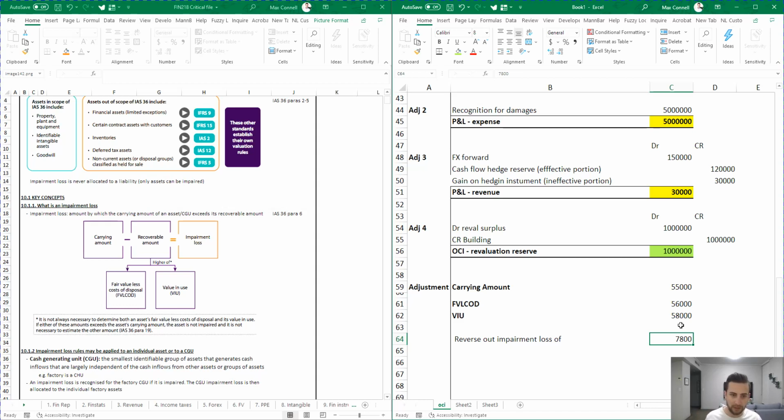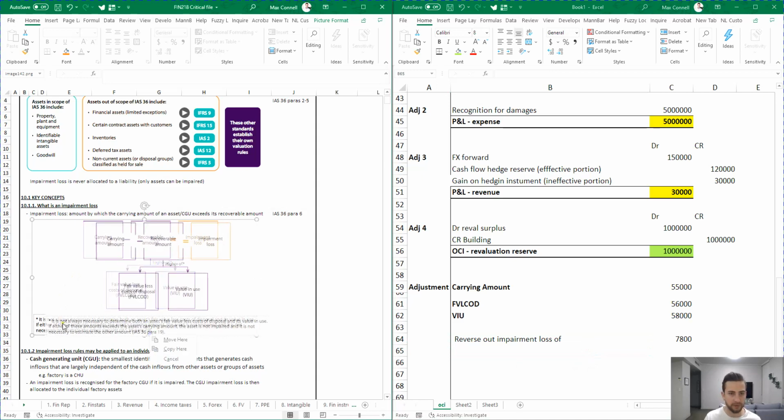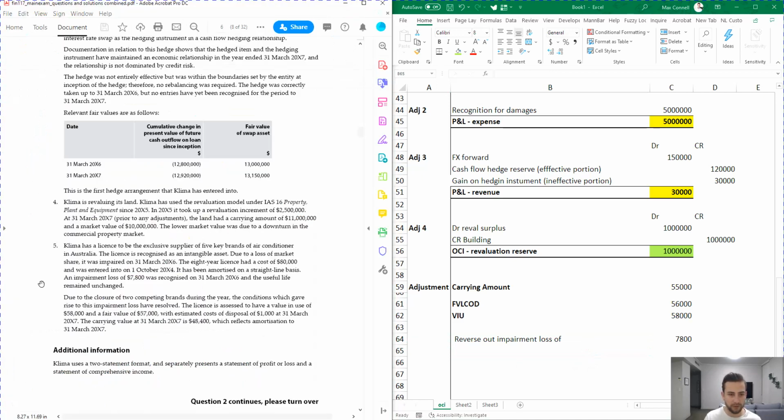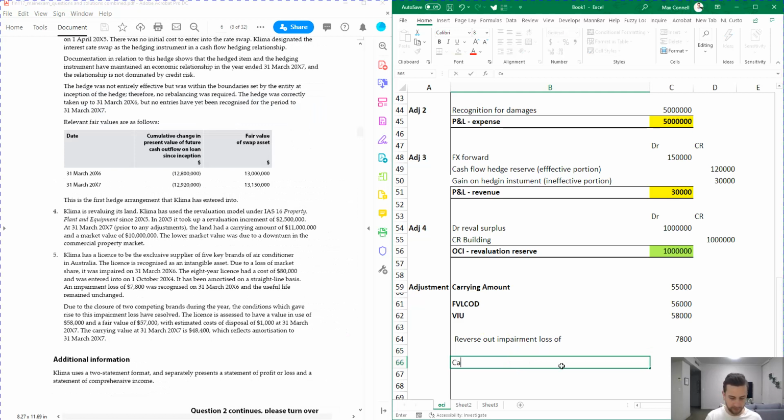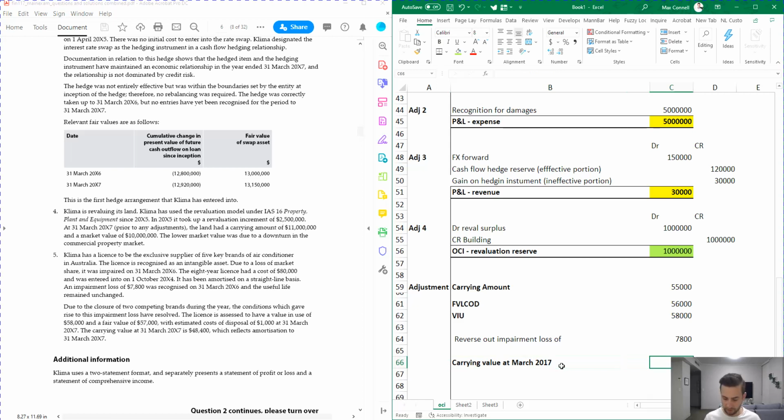But then there's the second issue, that we can't impair it above the carrying amount either. You can see that from this little text box down here in the FIN notes. What we do know is that the current carrying value at March is 48,400. And we can't impair it above the 55,000.